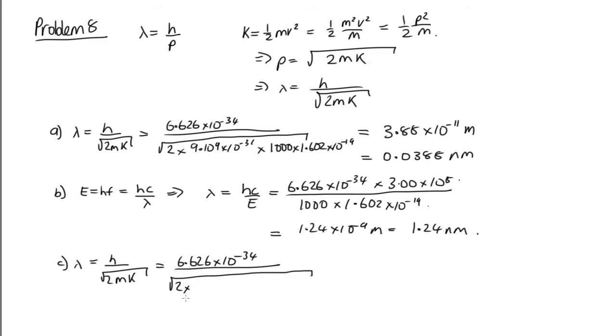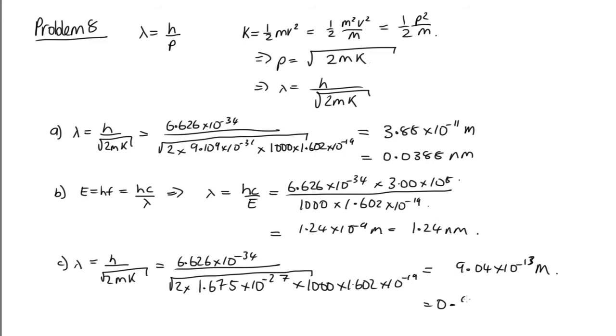Now the mass of a neutron is equal to 1.675 times 10 to the minus 27 times 1000 times 1.602 times 10 to the minus 19. And solving this, we get 9.04 times 10 to the minus 13 meters, which if we want, we can write as 0.904 picometers.